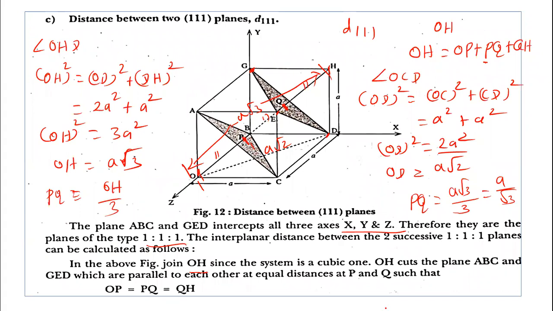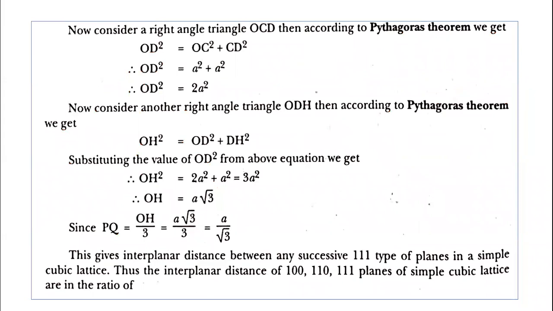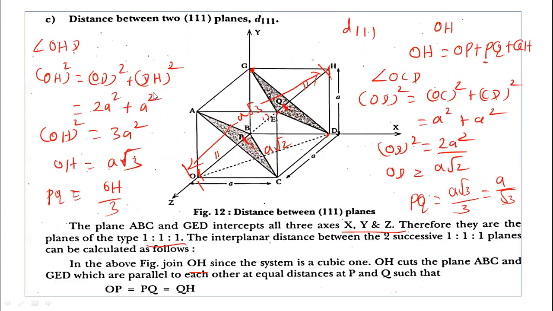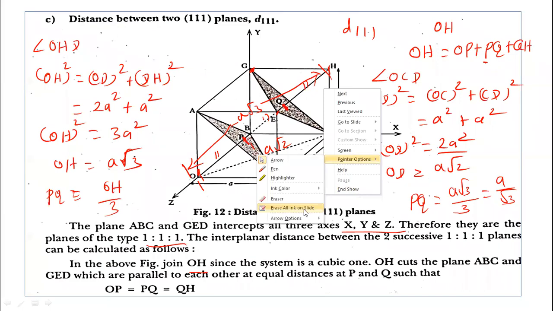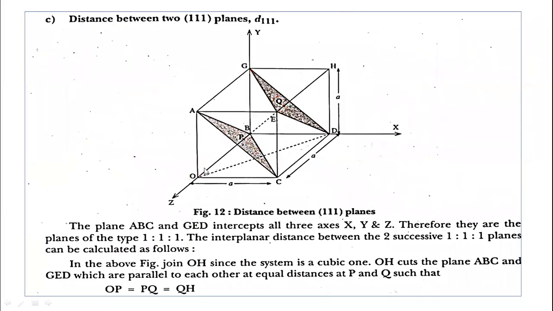Now after getting the interplanar distance, we want to calculate the ratio. First of all we found OD, which is A into root 3, then OH, which is A into root 3.